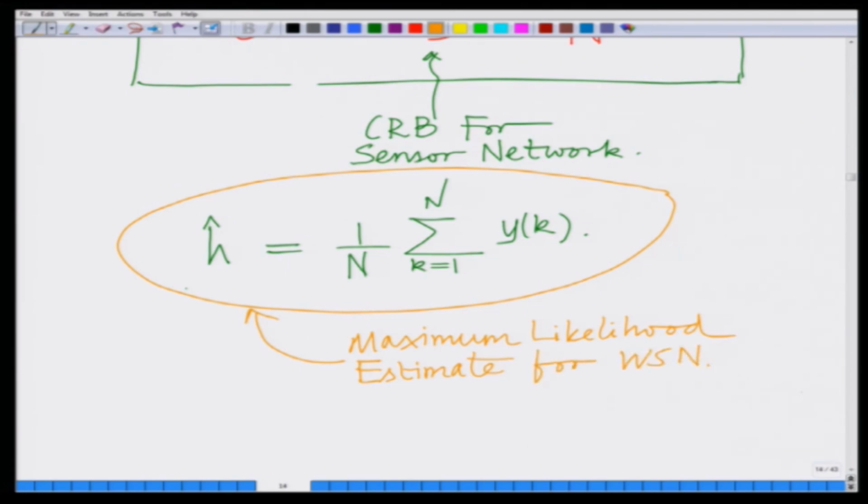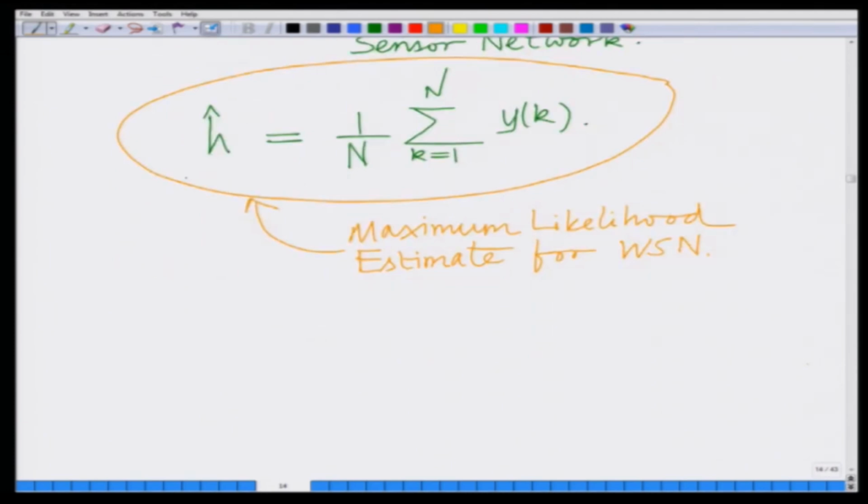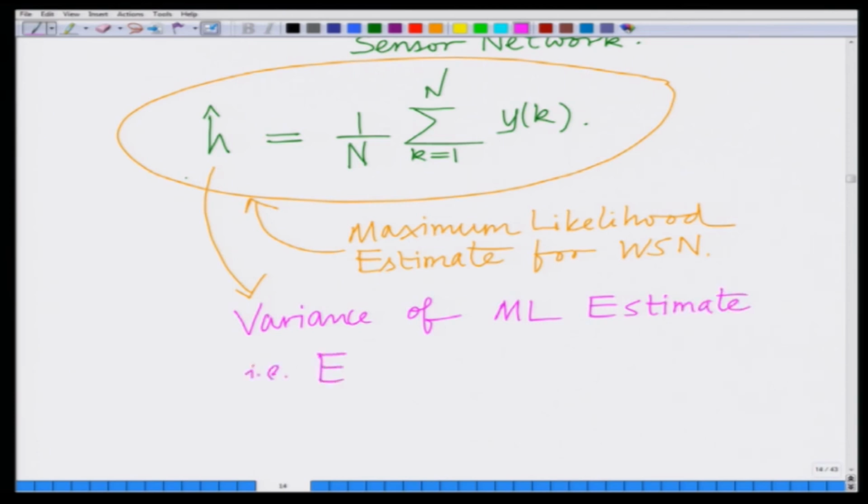The variance of this maximum likelihood estimate, that is the expected value of h hat minus h whole square, is in fact sigma square divided by n.